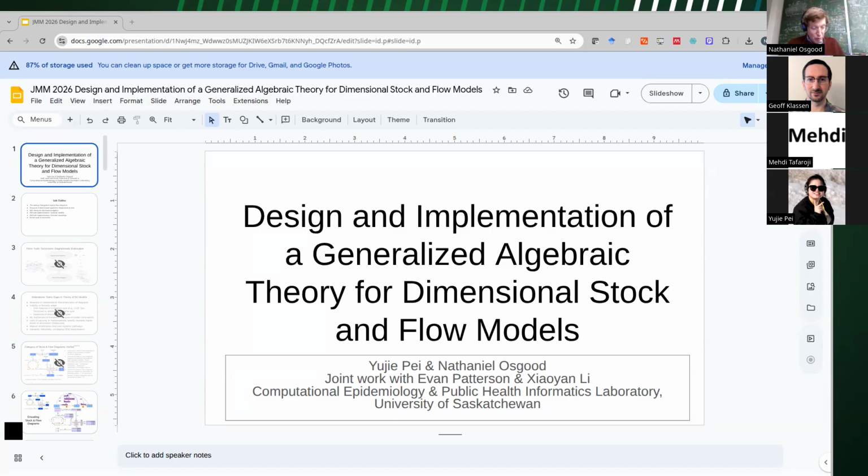It's a particular mathematical construction that allows us to define, manipulate, and algebraically combine quantities that are annotated with dimensional information, in fact, unit information. And the particular area that this focuses on is stock and flow models.